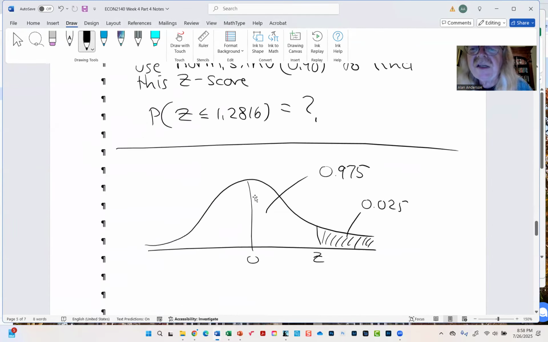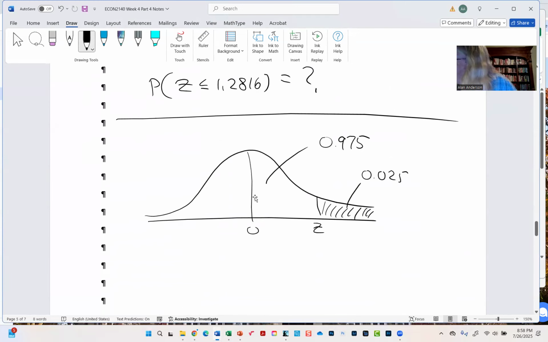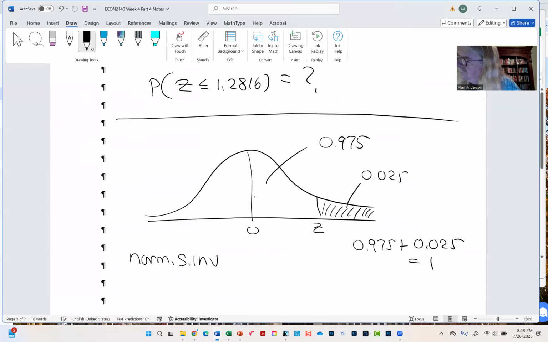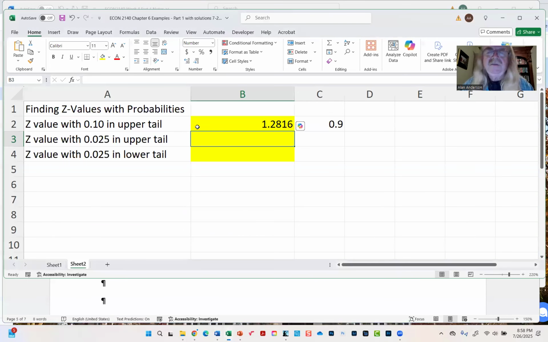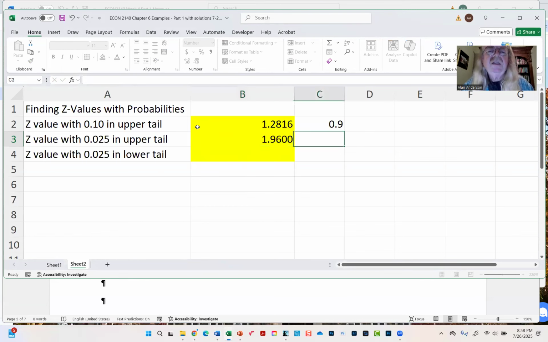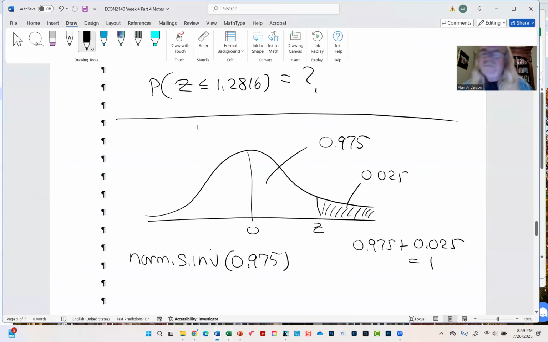In other words, if there's 2.5% in that right tail, then the rest of the distribution is 0.975. So we're going to use the command to come up with what we're looking for. Remember, use the left tail in that command. Norm.s.inv 0.975, 1.96.